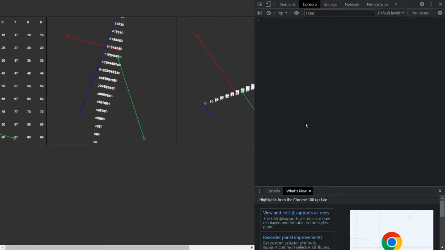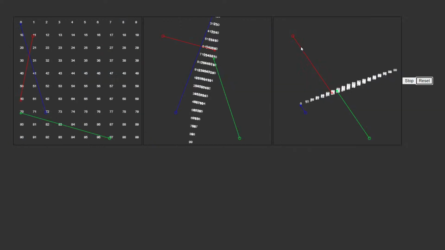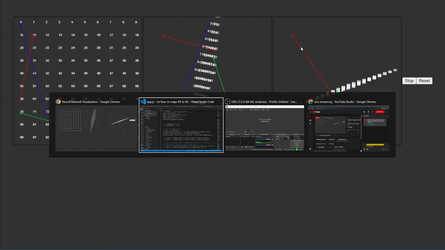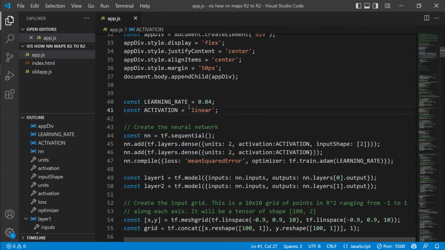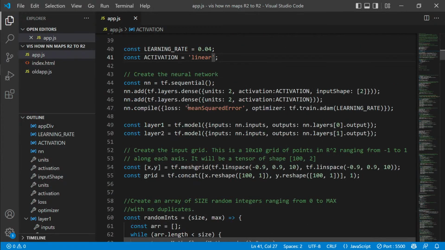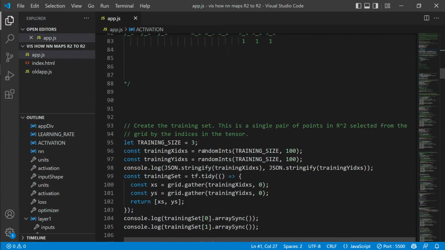But let me get the training set first, and then we'll manipulate it to determine solvability. And I need to figure out where it goes. Okay, so it goes right here.